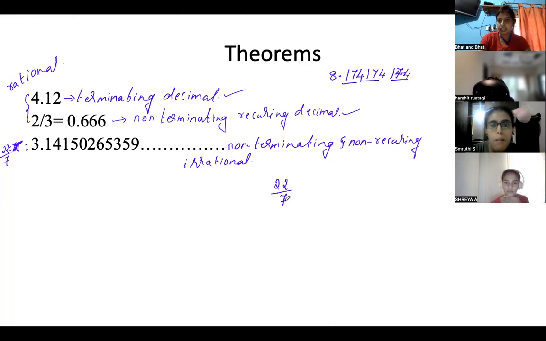Then why is this called irrational? Because the decimal form of this is non-terminating and non-recurring. Therefore, we call this an irrational number. Understood? This is what you have in the 3 statements.